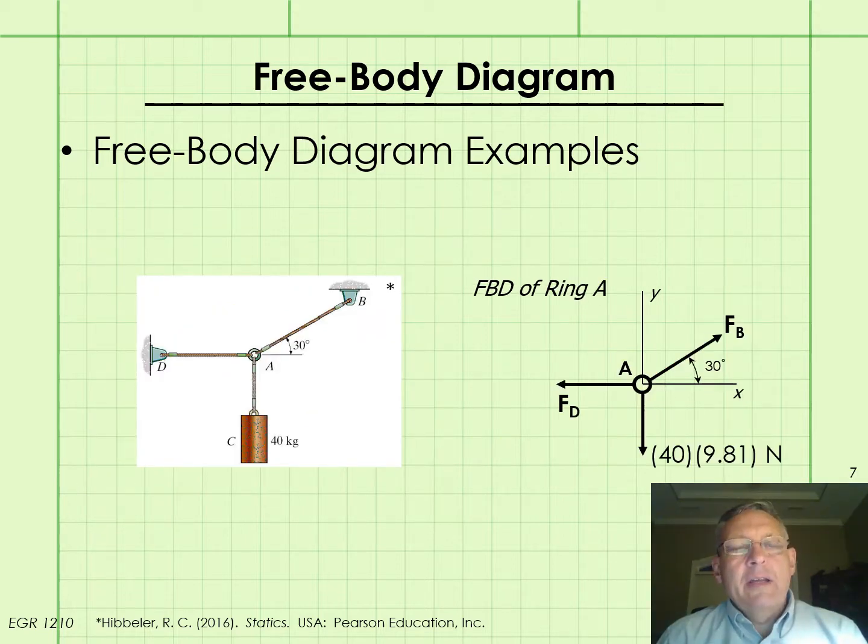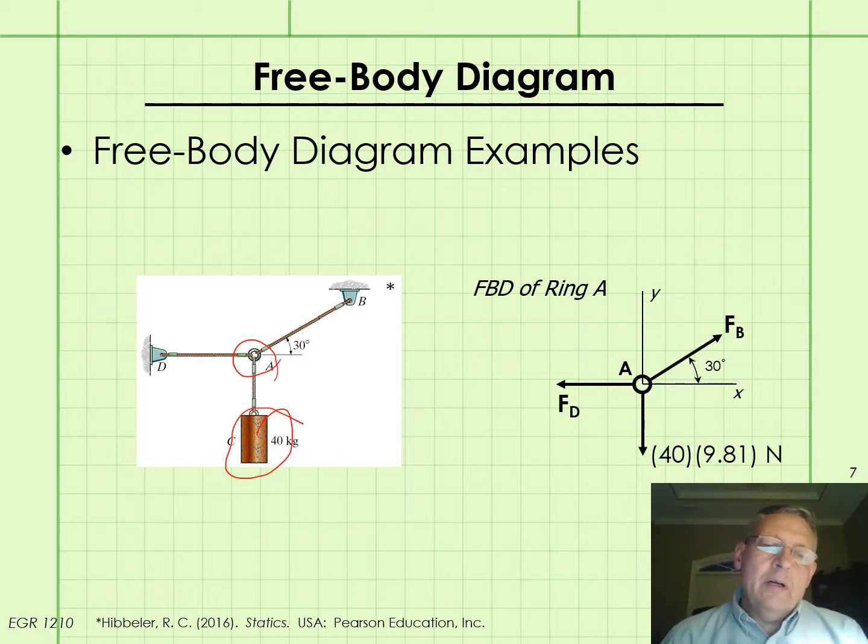Let's look at a second example here of a free body diagram. And in this example, we should get a little better feel for what we mean by cut free the body or particle from its surroundings. So here we have a 40 kilogram mass suspended from a ring at A that's held in place by 2 cables.